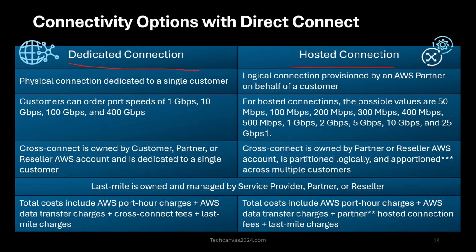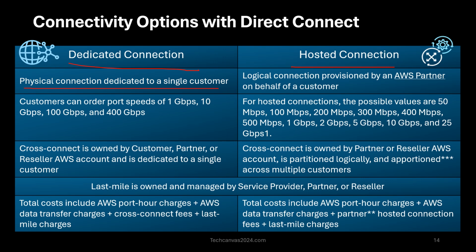Dedicated connections are generally expensive because they are used to meet large scale data transfer, primary and disaster recovery use cases, compared to hosted connections, which customers generally use for less data transfer and a minimum number of use cases to satisfy. A dedicated connection is a physical connection dedicated to a single customer, while with a hosted connection, the particular router can be used to serve multiple customers by the partner.